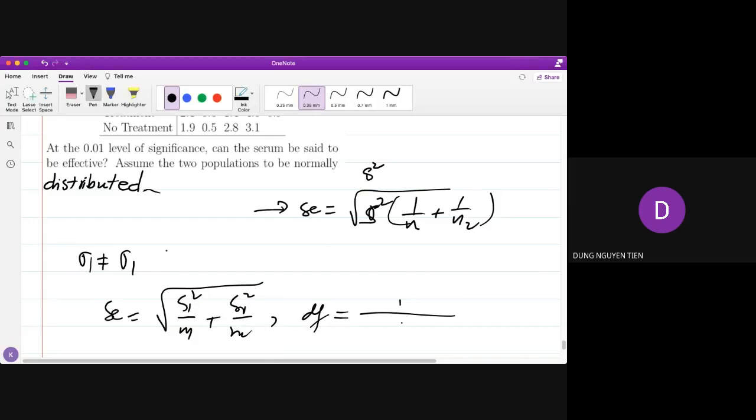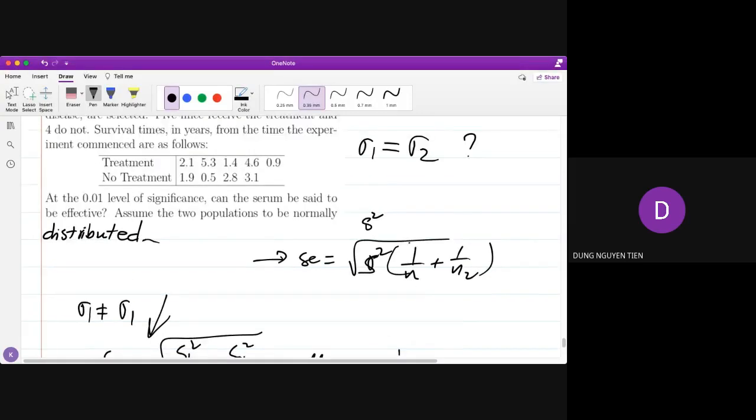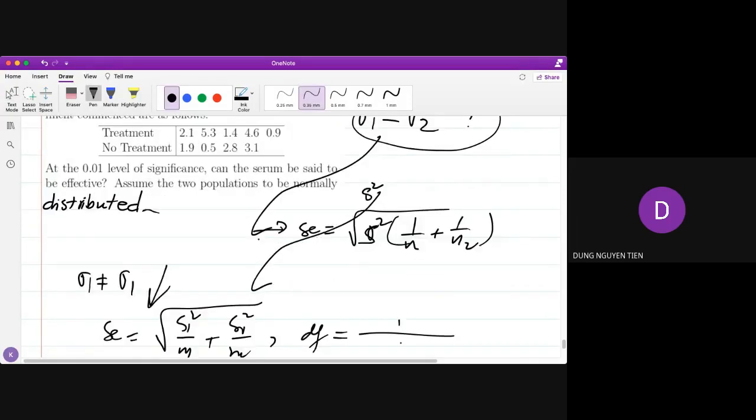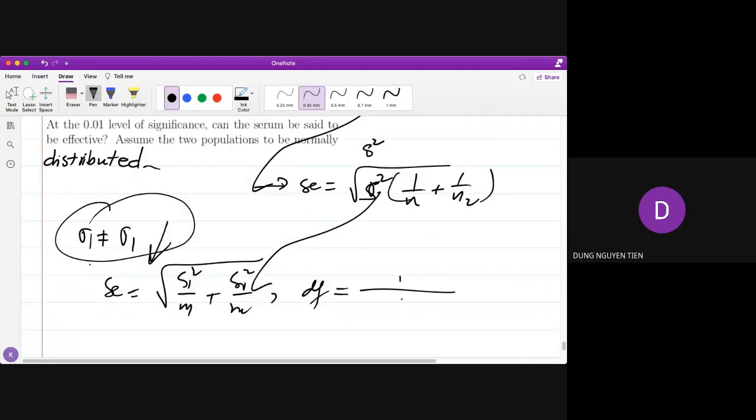If they are not the same, you use that formula. All right. So how do you know if they're the same or not?